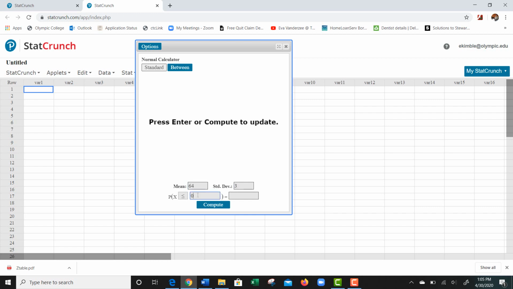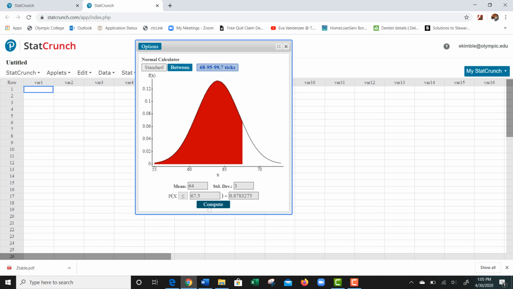Now, let's say that we want to know the probability that somebody is 67.5 inches or shorter. We hit compute, and then it's going to give us that probability right here. If we want to look at the probability that they're taller, we're just going to change the equality sign, and that will show up right here.